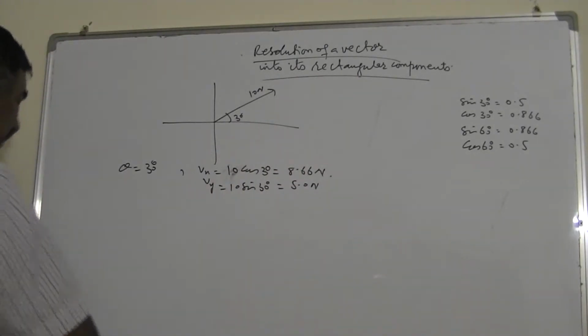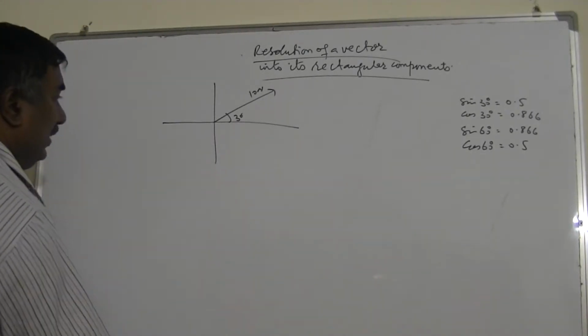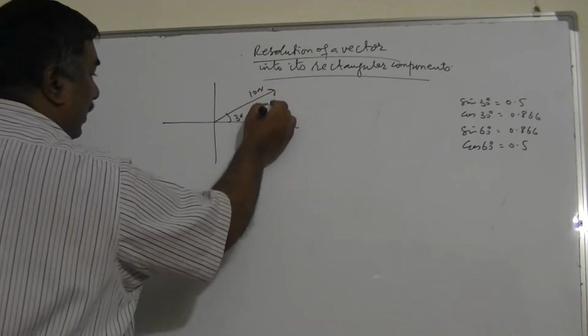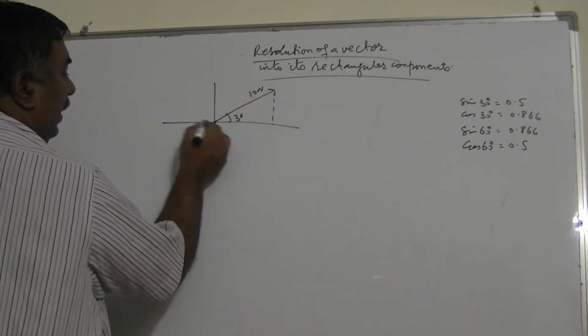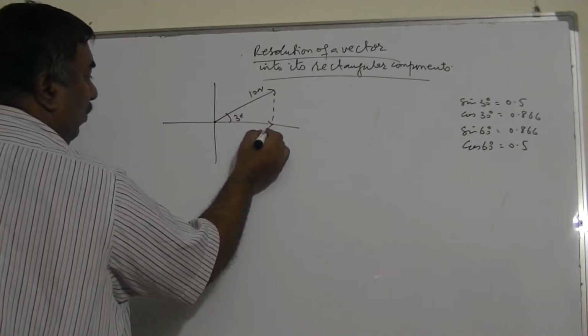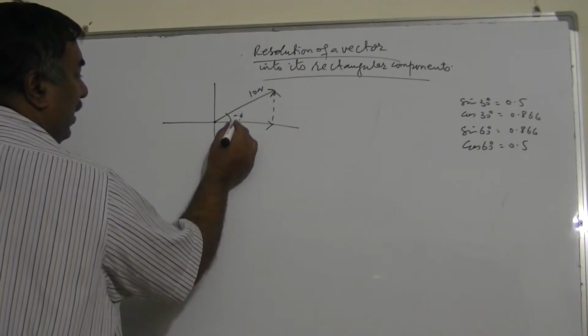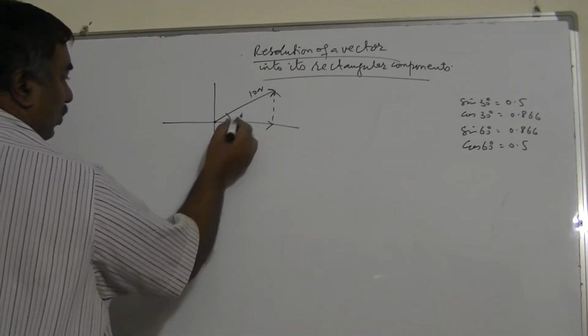The other method is that I can drop the perpendicular, and since the angle is with the x-axis, I am dropping the perpendicular on the x-axis. Now, from the tip, which are the two vectors formed head to tail? One is this and the other one is this. This is the x component, and theta is adjacent to 30 degrees, so this will be cos.